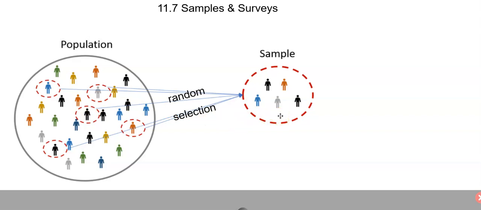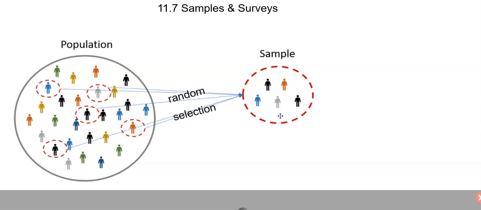A representative sample is hard to get because if I was trying to find out, say, the favorite band of everyone at St. Mary's, well, say in the high school, if I only surveyed ninth graders, that might not be a representative sample. Maybe 12th graders have a different taste in music than ninth graders do.